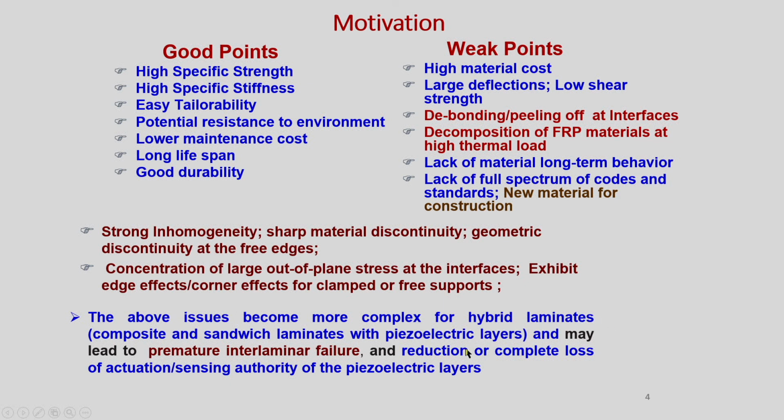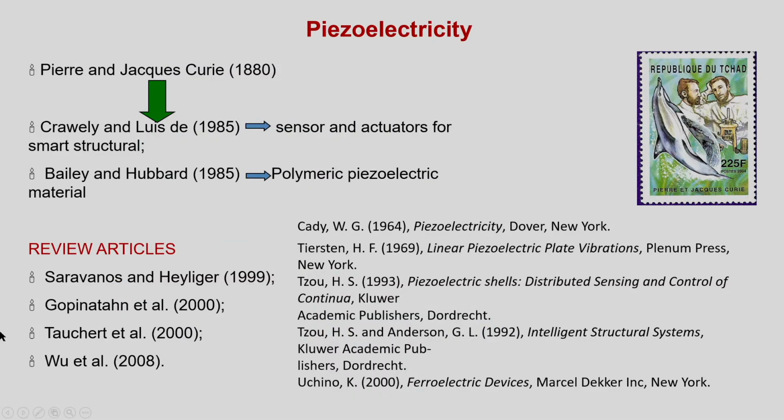Now I am coining a term, hybrid. The term hybrid is used when we integrate composite laminates with the piezoelectric layer. Sometimes we call it a smart structure or hybrid laminate, and this may lead to premature interlaminar failures, or in terms of sensing and actuation, it may lead to complete loss of actuation or sensing authority of the piezoelectric layers.